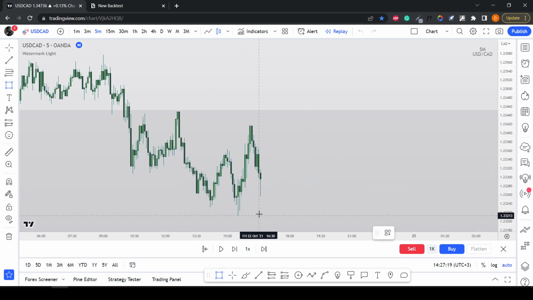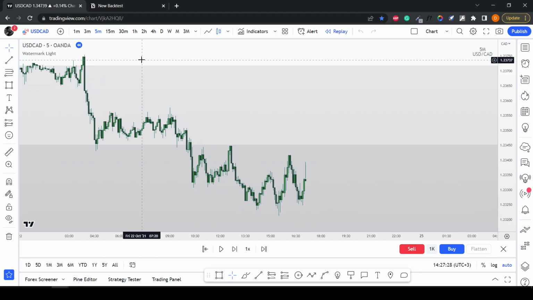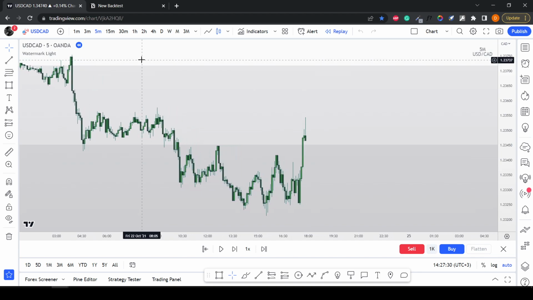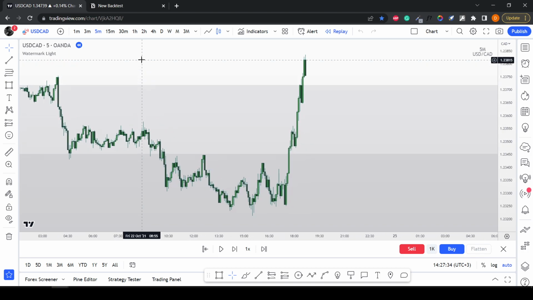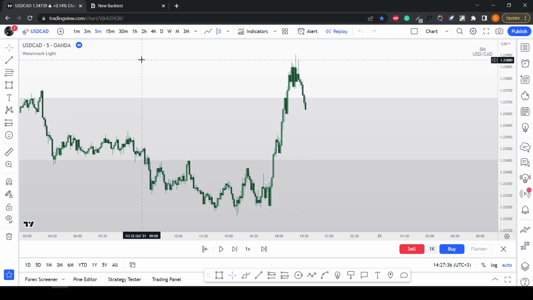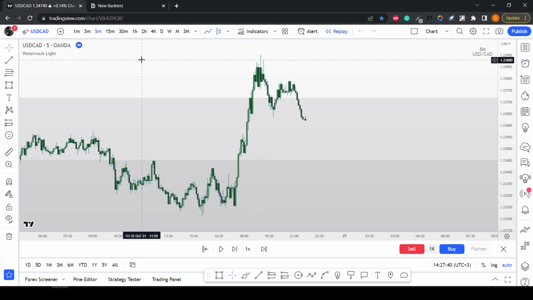So this one again, everything is mitigated here. I would expect it to break and then give me a bit better entry possibility. So something like this. And now for reaccumulation into those deeper zones.